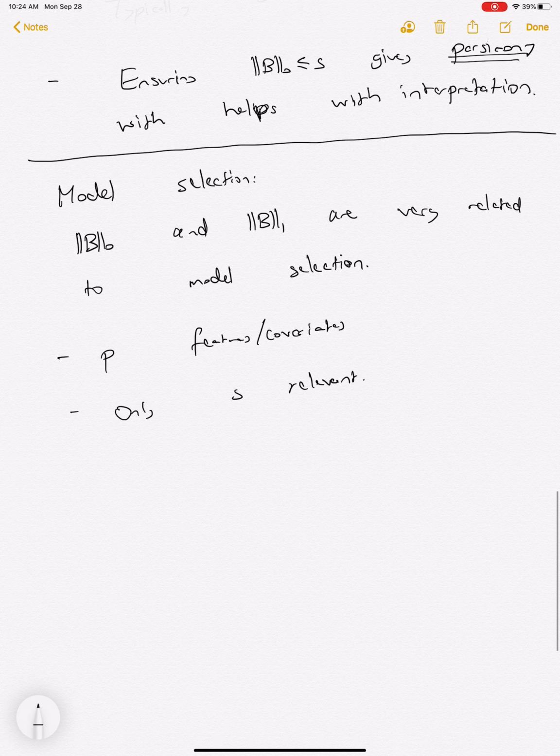And so another way to think about that is that you have hundreds of thousands of genes, and say you think only up to maybe 10 might be relevant, then the question is, how do you choose the S relevant features?